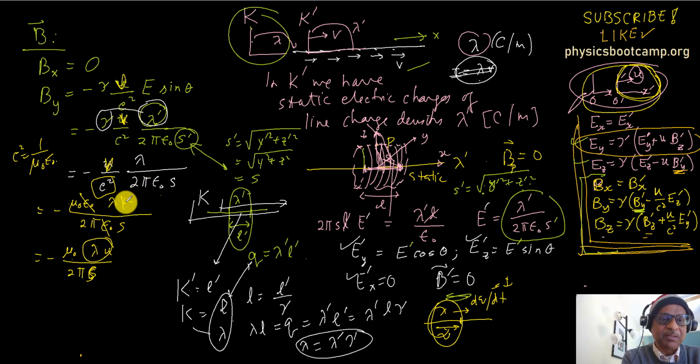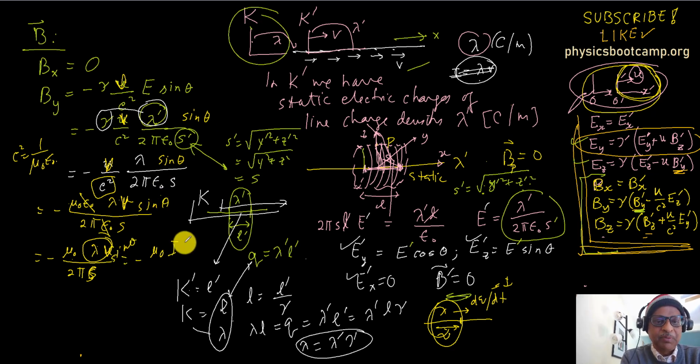V for the speed, lambda v. So this is current. So it's minus mu naught, and I forgot sine theta, I sine theta over 2 pi s. Okay, so we got B y.